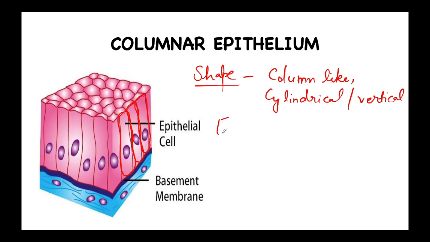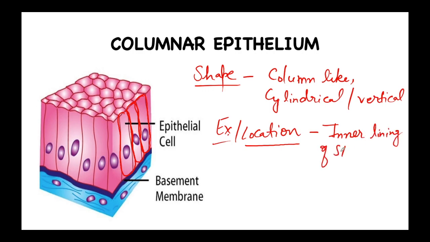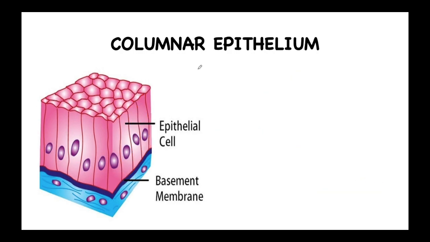Now come to the example or the location in our body where such epithelium is present. Such epithelium is present in the inner lining of our stomach and intestine. Now come to the function of this epithelium.